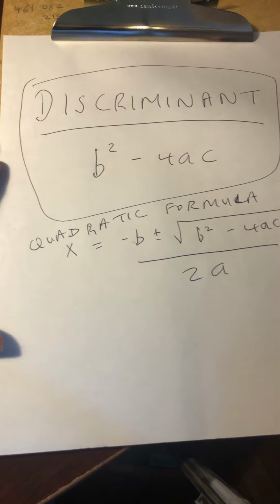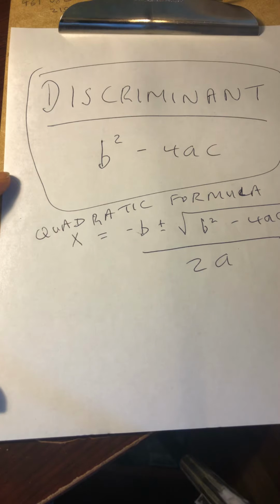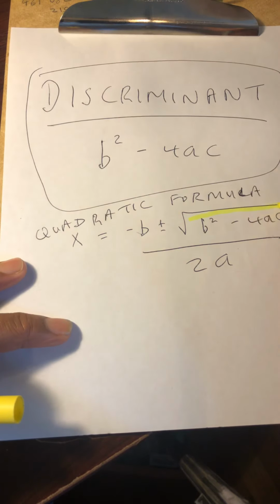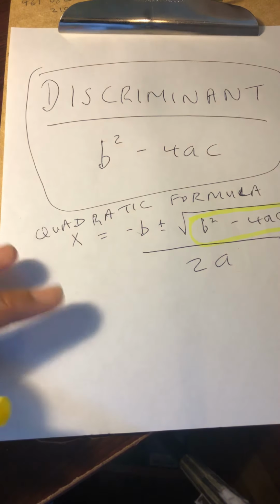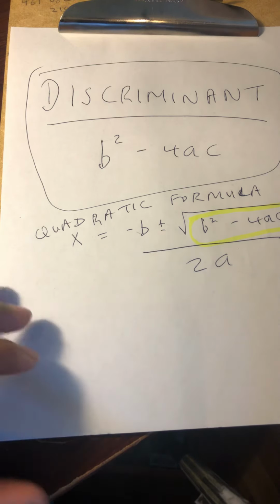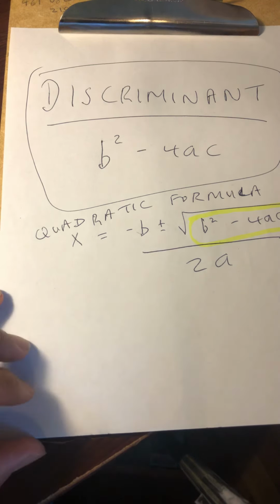That's what the quadratic formula says. And the discriminant is the b squared minus 4ac part right here, the thing underneath the square root. That's going to be important because what happens underneath the square root determines the kind of solutions that we have.